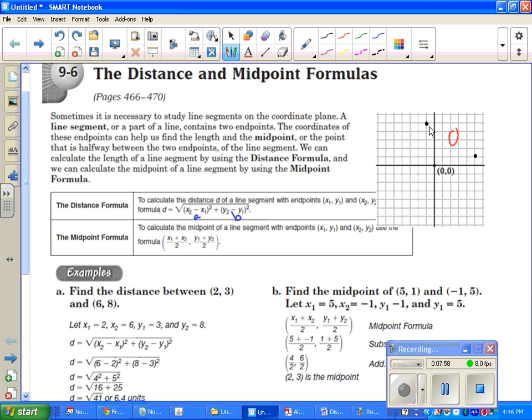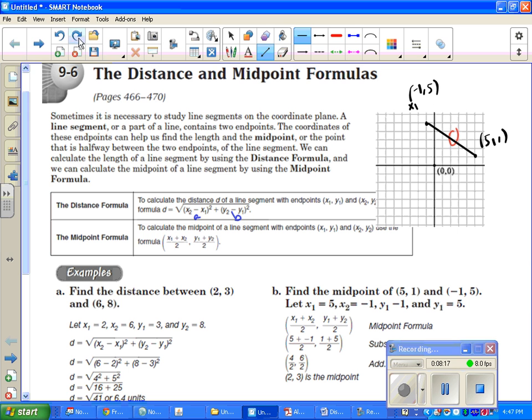Again, you can connect that segment to see that. Here's the point negative 1, 5. And here's the point 5, 1. So here's your x1, y1. Here's your x2, y2.